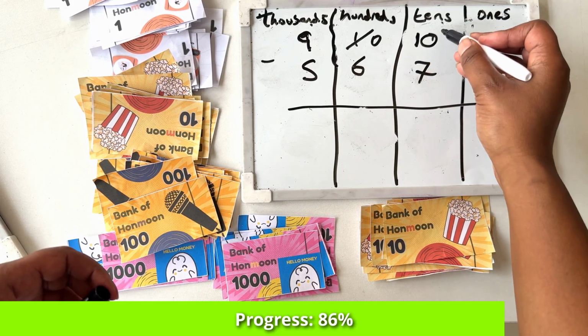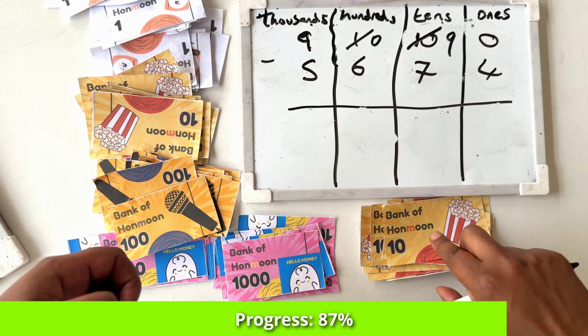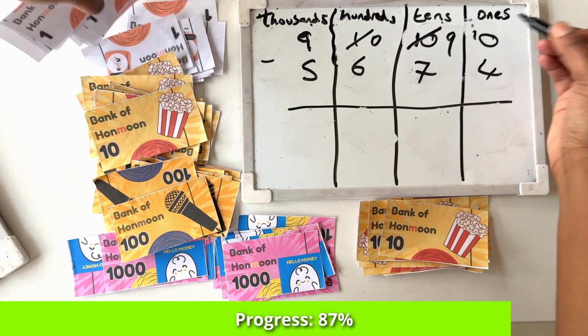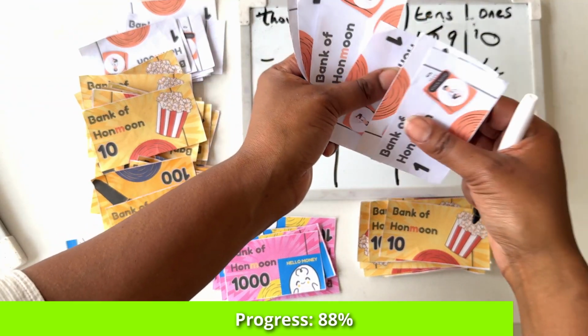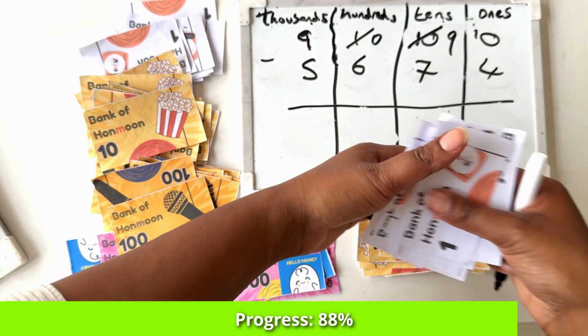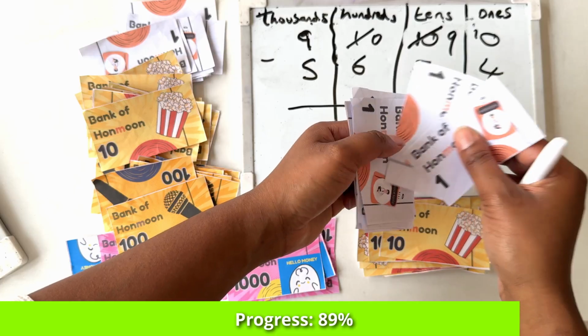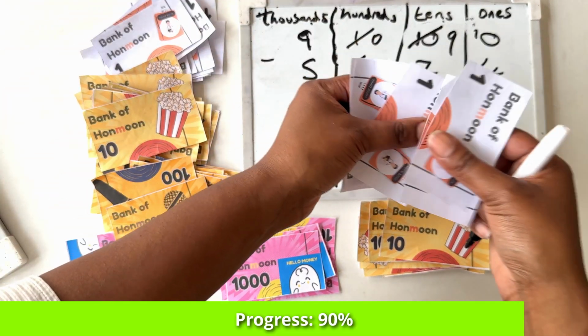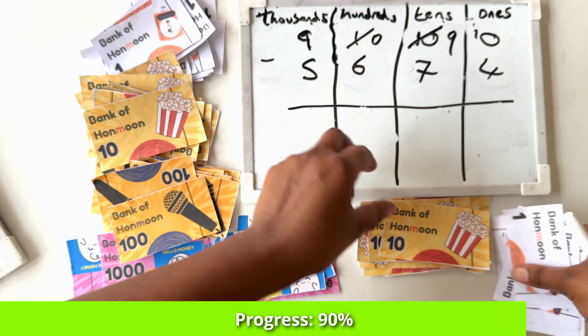But we also need it in the ones column, so we're going to take 1 10 out and swap it for 10 ones. 1, 2, 3, 4, 5, 6, 7, 8, 9, 10. And minus 4. 1, 2, 3, 4. That should leave us with a 6.